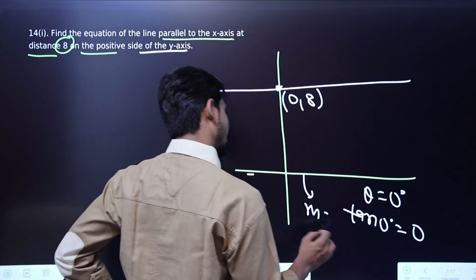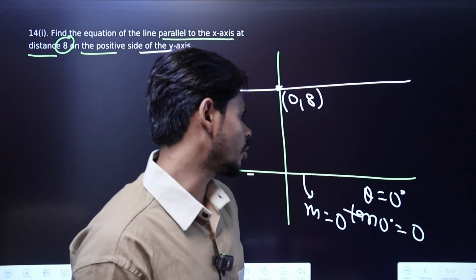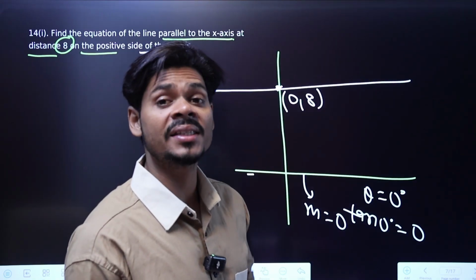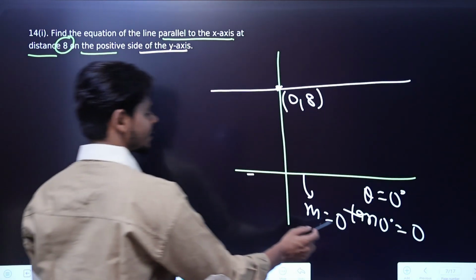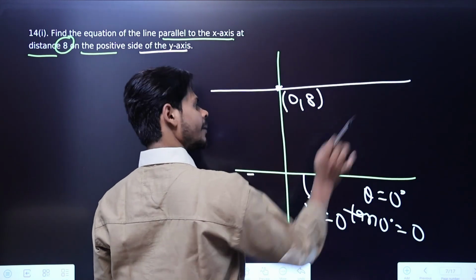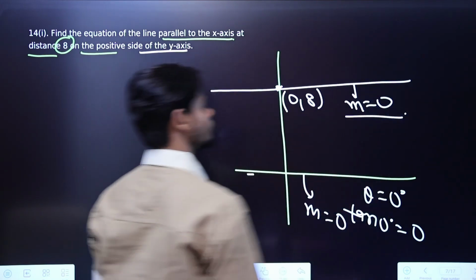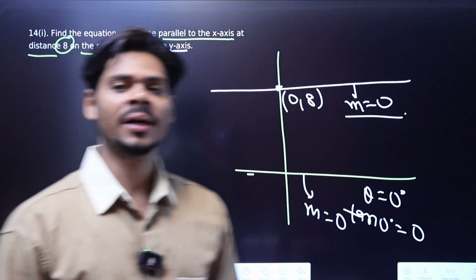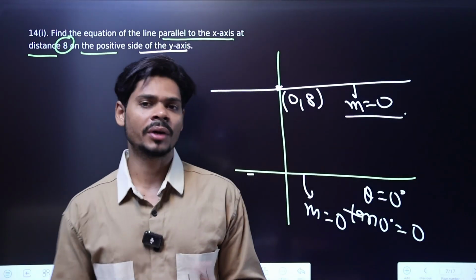So the slope of the x-axis is always 0 and the slope of the y-axis is not defined, right? Fine. So if the slope of the x-axis is 0 and this line and the x-axis are parallel, its slope will also be m equal to 0, because two parallel lines always have equal slopes. I already explained you guys, right?